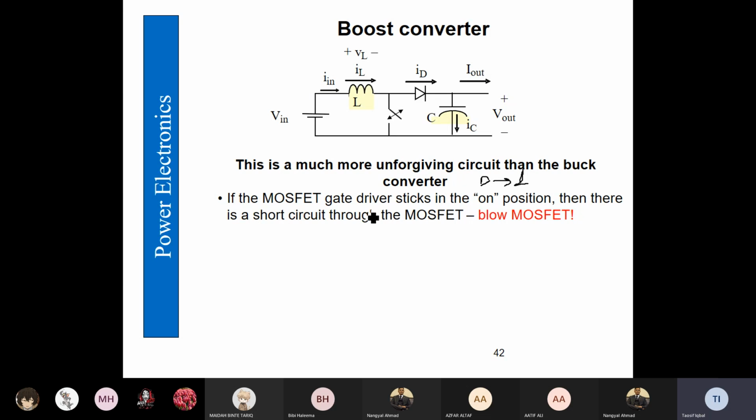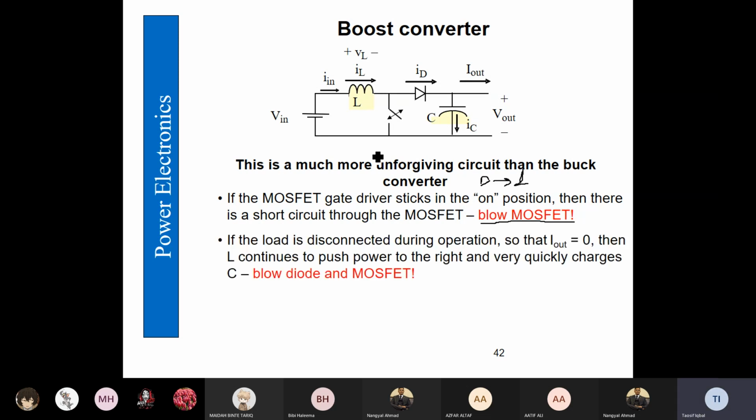Then the MOSFET is going to be on for the whole complete cycle, 100%, and then it would short circuit the supply. The input voltage is going to be short circuited by the inductor and MOSFET. So therefore, the inductor will charge to a very large amount of current, which can damage the MOSFET. So therefore, we have to limit the duty cycle so that it should not go to unity, or it should not even get closer to the unity.